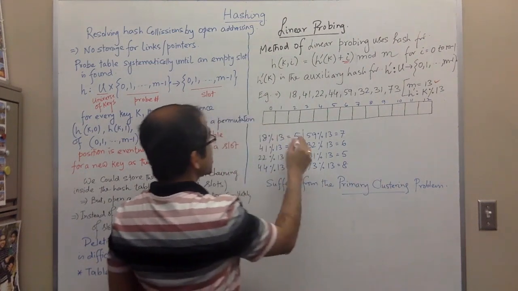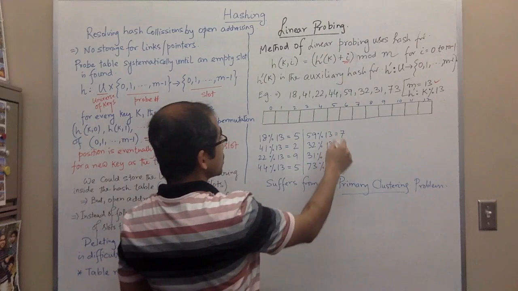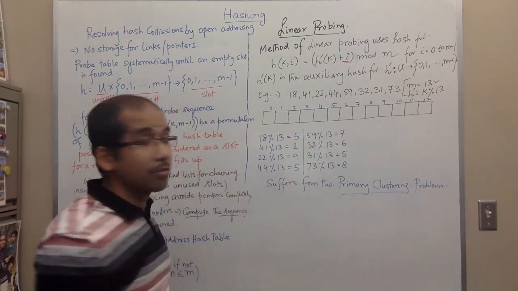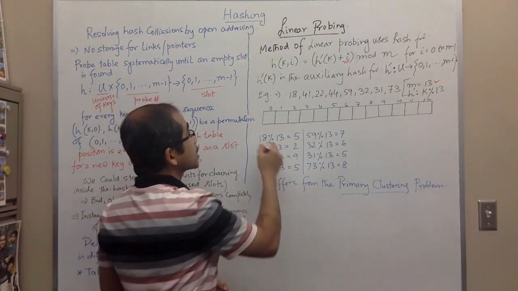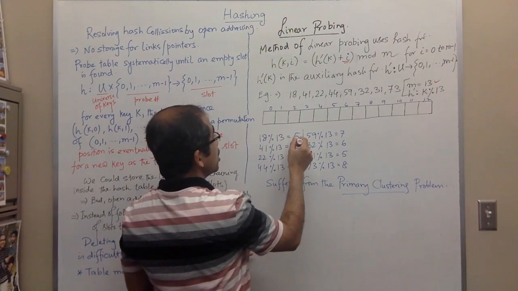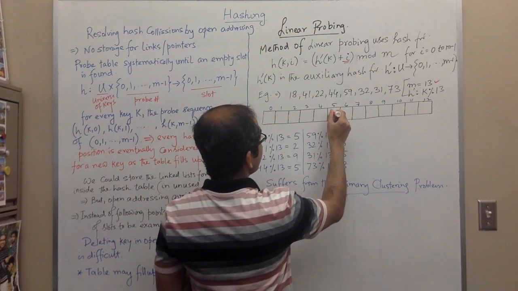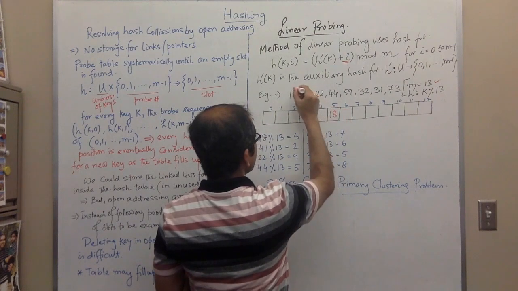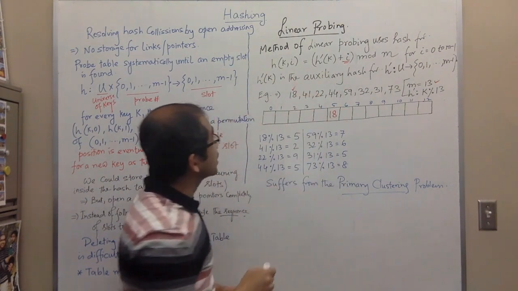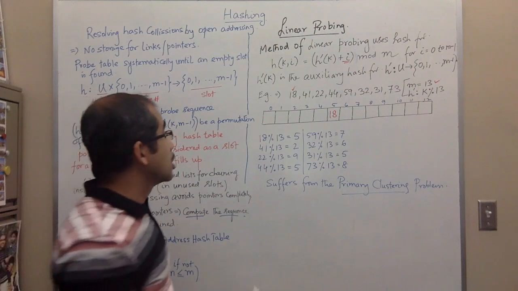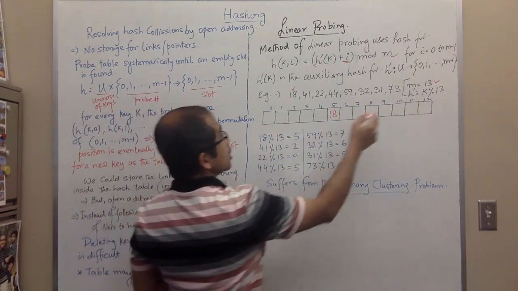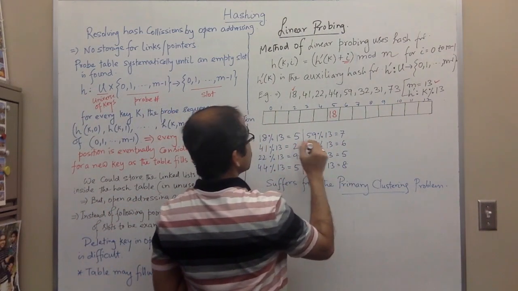I have calculated for all the keys which slot they should go to the first time. Let's consider 18 modulo 13, which is 5. So I have to put 18 in slot 5. I write 18 here, 18 is done. Next comes 41. 41 modulo 13 gives the first position, which is 2.